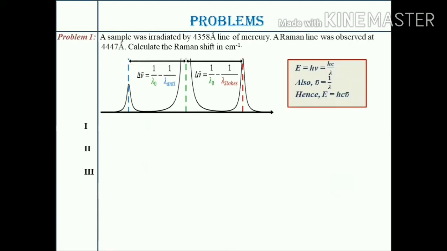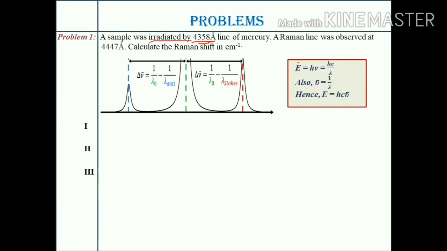Problem number 1. It says that a sample was irradiated by the 4358 angstrom line of mercury. What information does it give us? The sample has been irradiated by a laser which carries the 4358 angstrom line of mercury. This is the information for Rayleigh scattering.